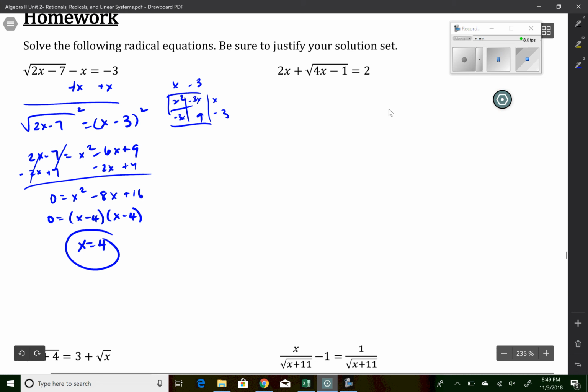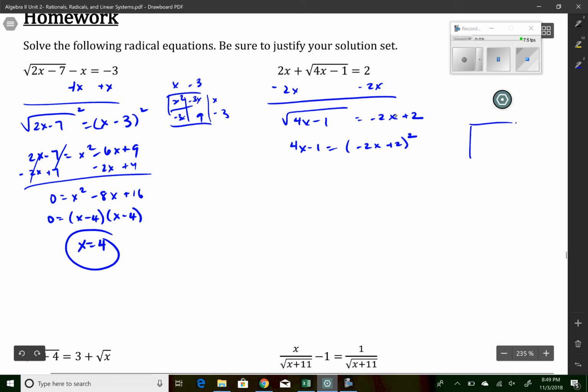Next one, if I subtract 2x to the other side, I have the square root of 4x minus 1 equals negative 2x plus 2. If I square both sides, I get 4x minus 1 is equal to negative 2x plus 2 squared. Again, I want my little boxes here.